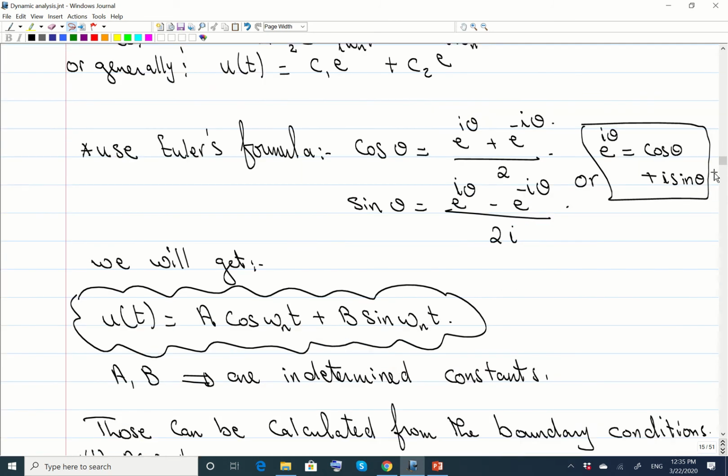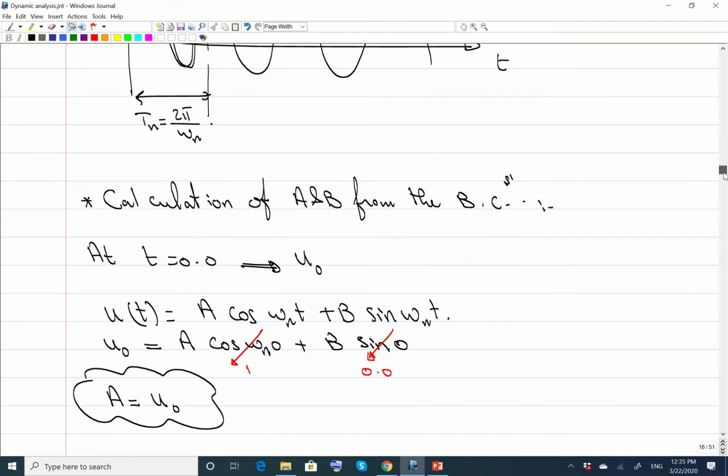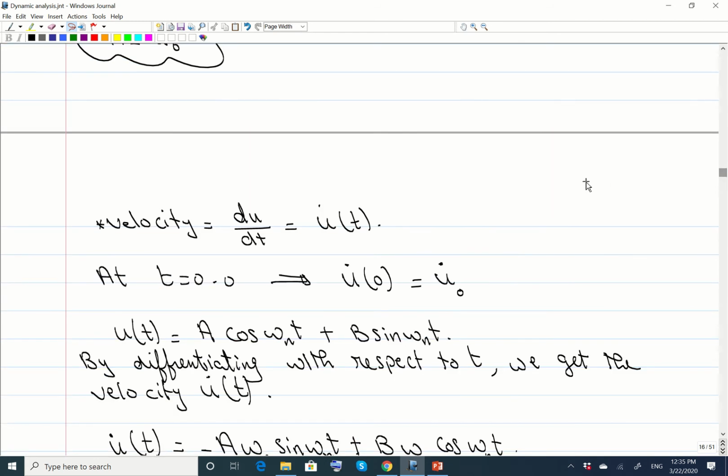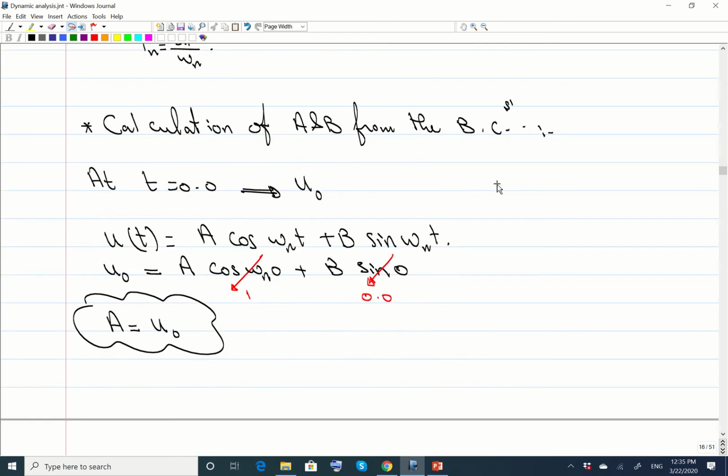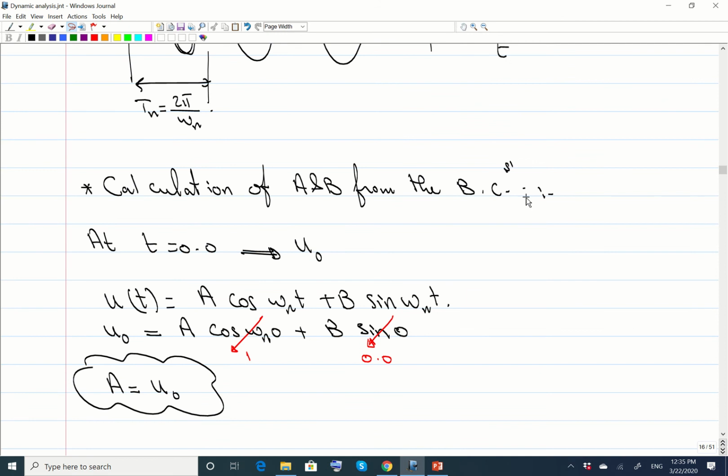So now to find a and b, the two constants, those can be found from the initial conditions. At time t equals 0, there might be some initial displacement u naught. So far we found that u of t, the displacement, is a cosine omega nt plus b sine omega nt.